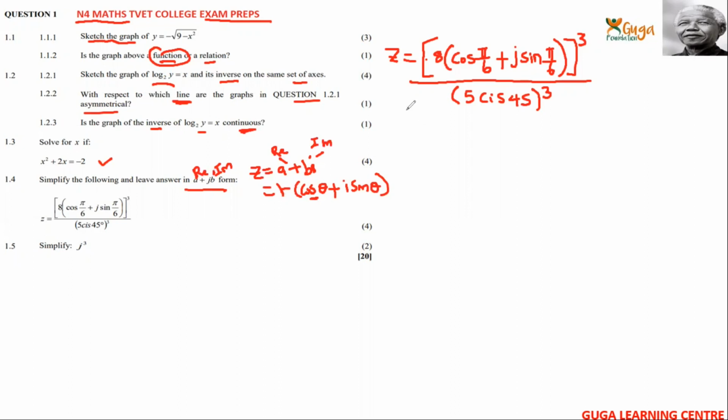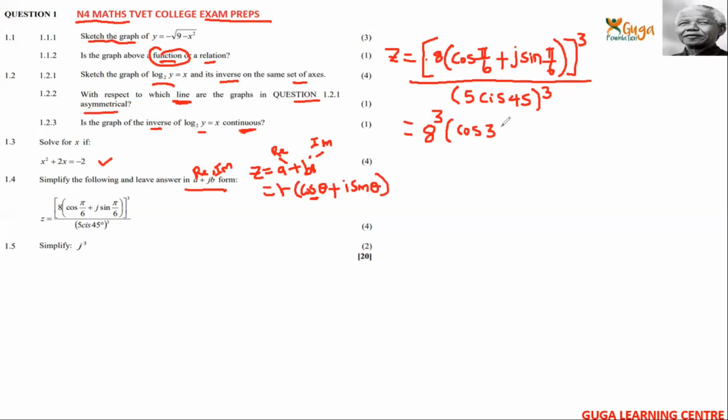Okay, so now we can come here to simplify this. We can say 8 is r, to the power 3, right? And then cos of 3, you multiply this 3 by the angle.